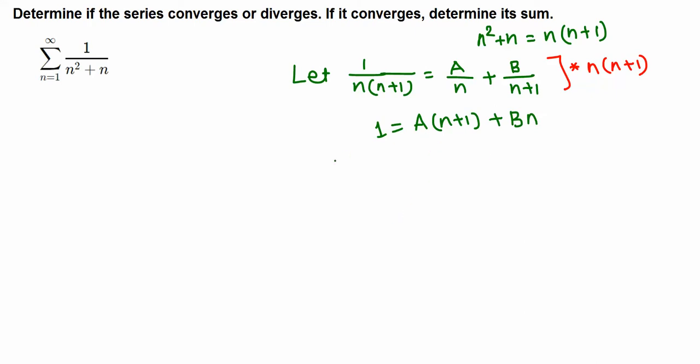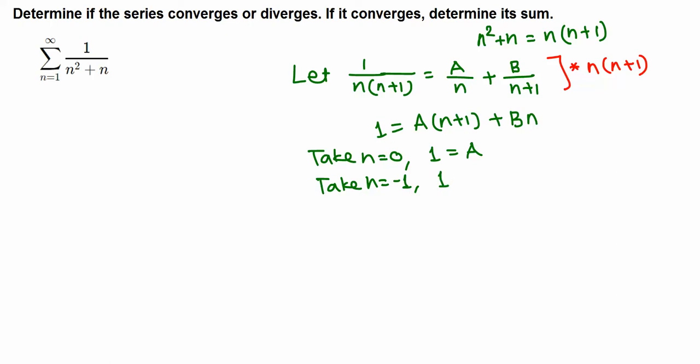Now we take n equals, let's say, 0. Then 1 equals b times 0, which is 0, plus a times 0 plus 1, which is just a, so a equals 1. And we take n equals, let's say, negative 1.